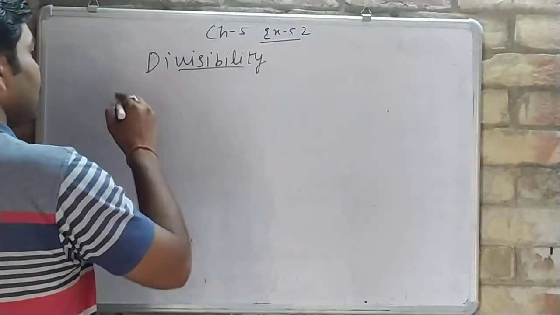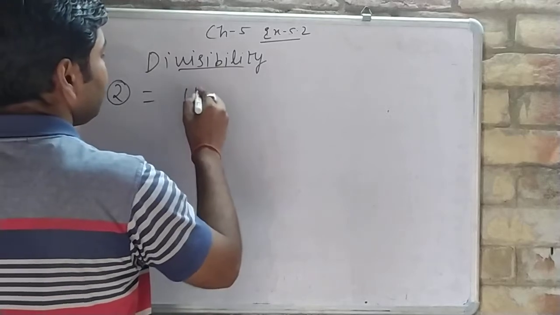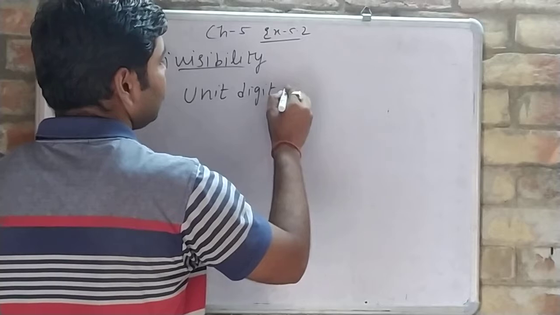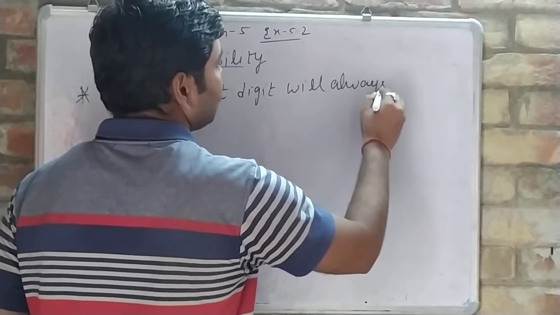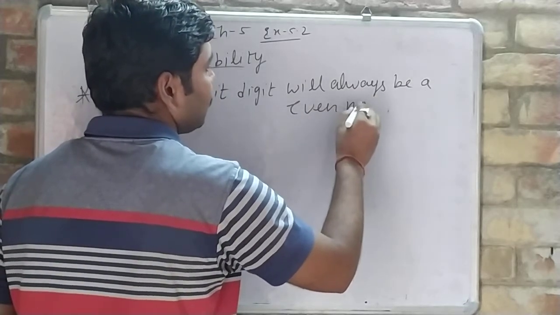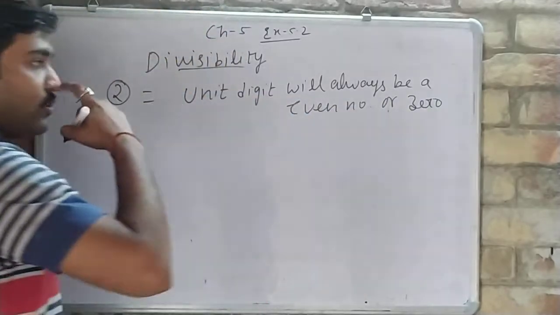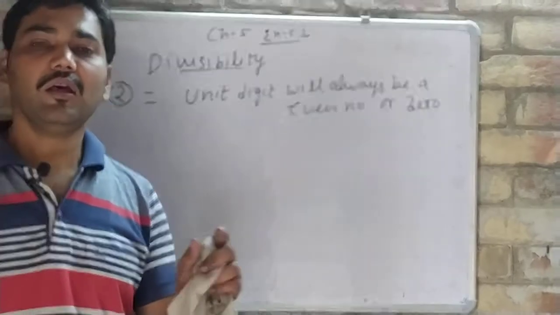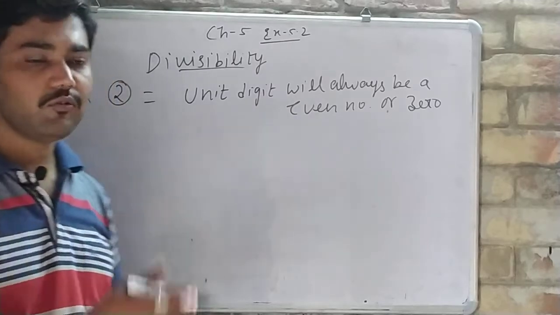Okay, so what is the divisibility of 2? You all know, if the unit digit will always be an even number or 0, then that number will be divisible by 2. If in a number the unit place digit is an even number or 0, then that number is divisible by 2.